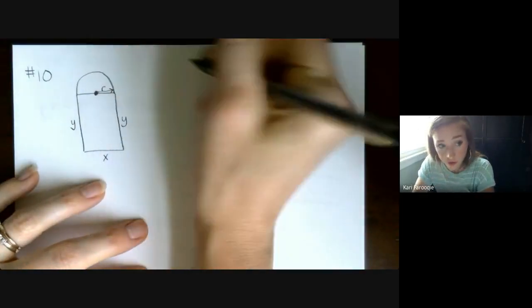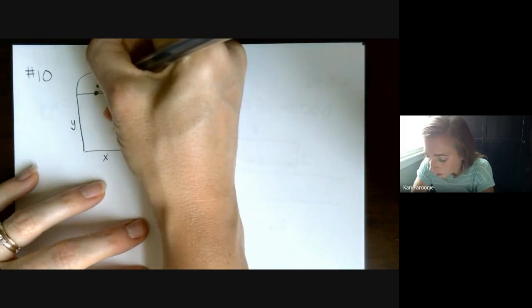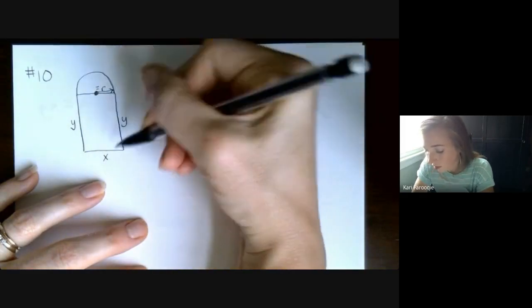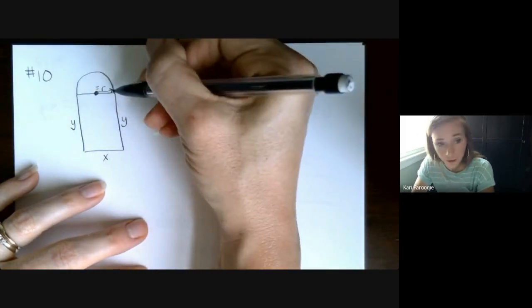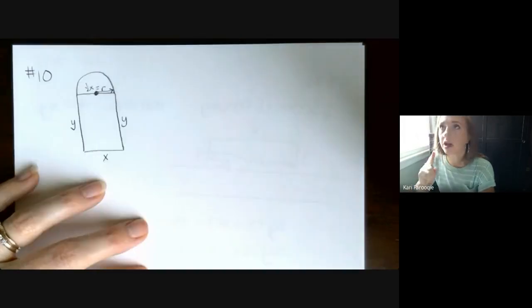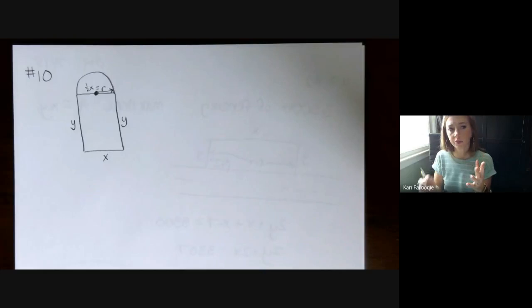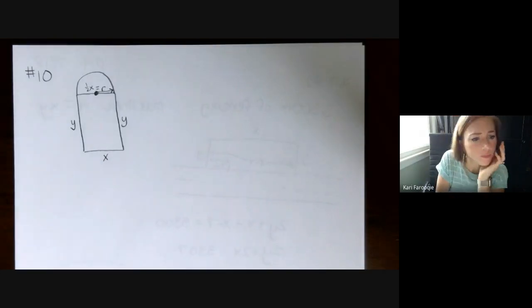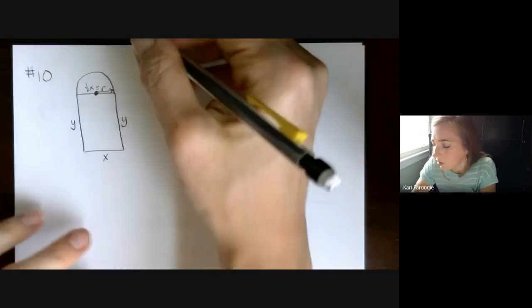So we can say that this is R, which is the radius, because I think that's helpful to see. But then you can note that R is going to be 1/2 of X, because the diameter of the circle is the same as the width of the window. That's what it said: the diameter equal to the width of the rectangle. Okay, so the perimeter is 14 meters.